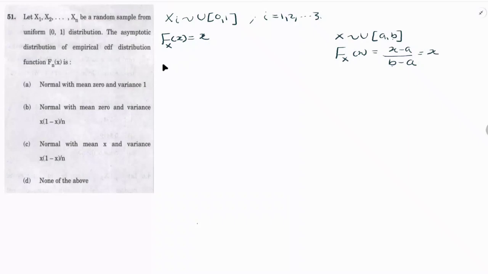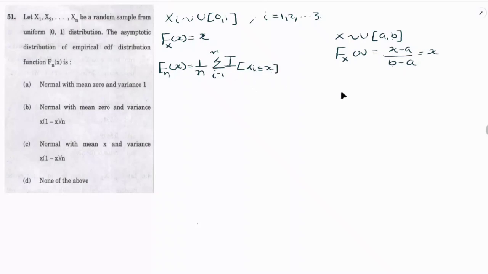Now what is the empirical CDF? The empirical CDF is written as Fn(x) equals 1 upon n summation i going from 1 to n indicator function I of capital Xi less than or equal to small x.